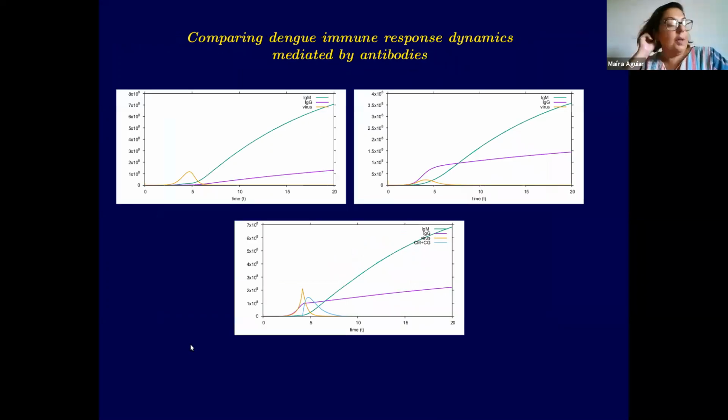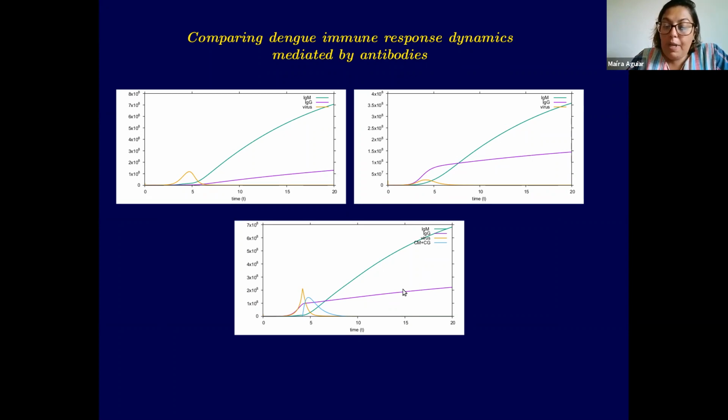So here are the three scenarios: primary infection, secondary infection with the same virus, and secondary infection with a different virus. We have the viral load in the primary infection, first IgM and then IgG. In the secondary infection with the same virus, we have a lower viral load, first IgG followed by the IgM.